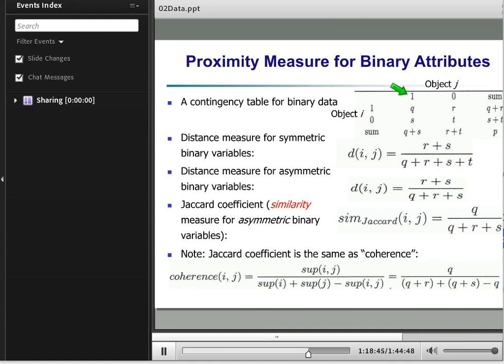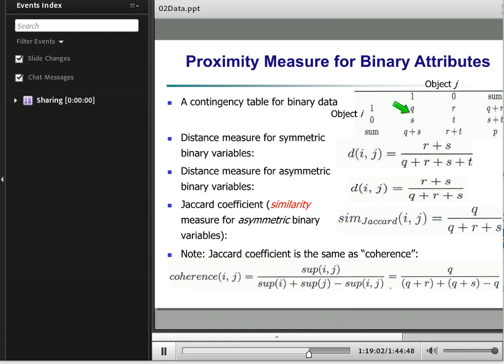Okay. Binary attributes are better cases to talk about proximity measures.